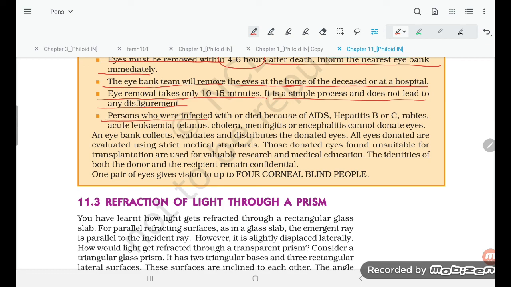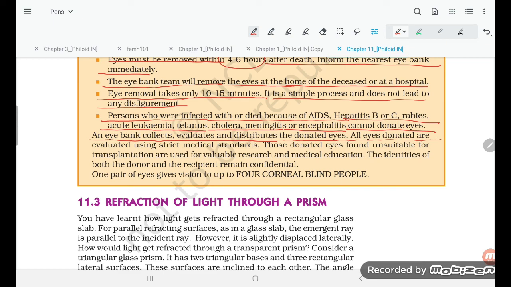Persons who were infected with or died because of AIDS, hepatitis B or C, rabies, acute leukemia, tetanus, cholera, meningitis, or encephalitis cannot donate eyes. An eye bank collects, evaluates, and distributes the donated eyes.